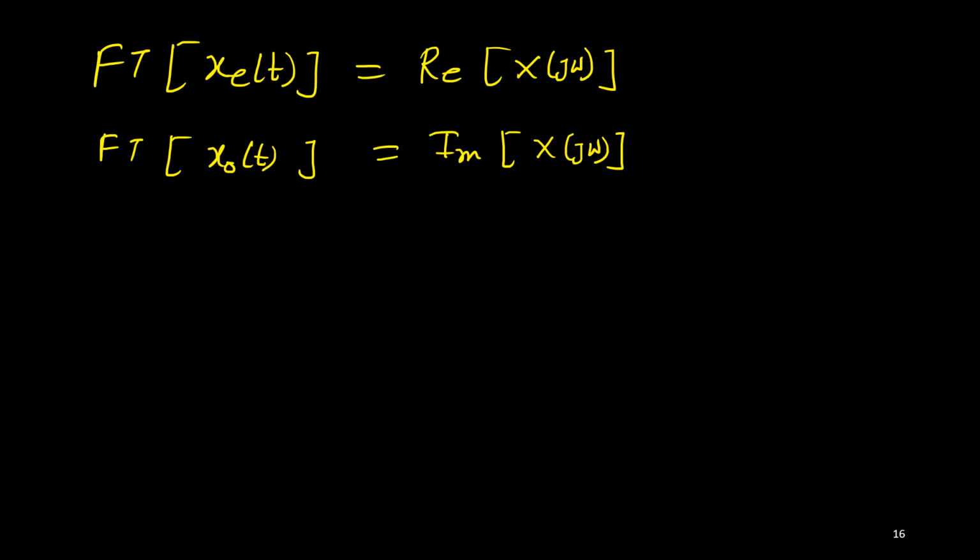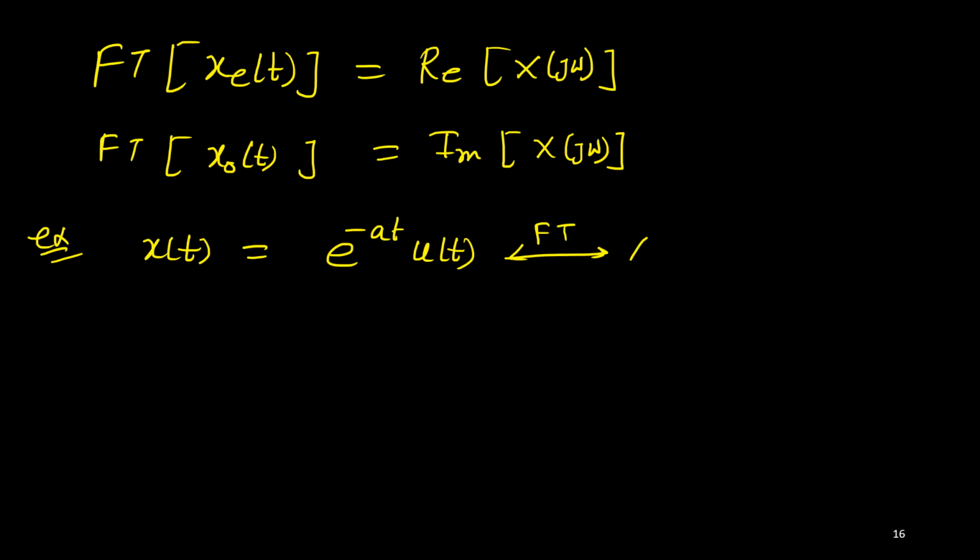Now you take a simple example. If I consider x(t) as simply e to the power minus at u(t), you know that for this one the Fourier transform is given by X(jω) equal to 1 upon a plus jω. Now this is a complex one, so we can have two separate parts.